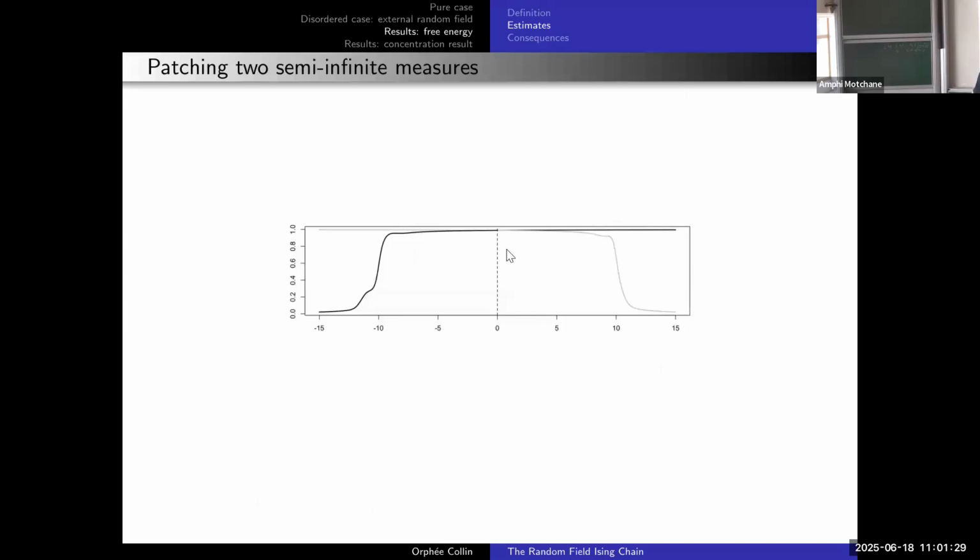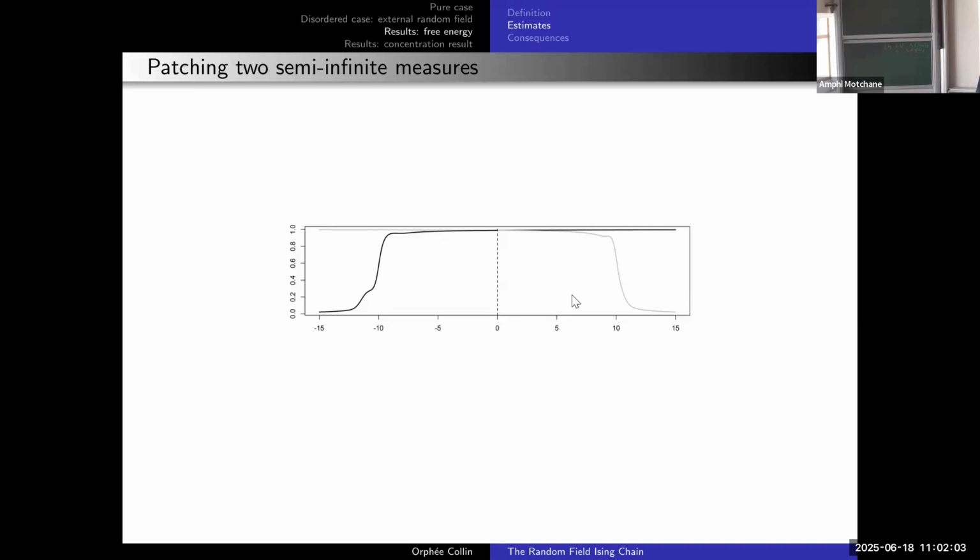This yields two invariant measures which are of course infinite, but if we patch them together at 0, this gives a good candidate for an invariant measure. Then you need to control very well these two semi-infinite measures, and you need some contraction argument to show that this candidate is quite close to the true invariant measure.